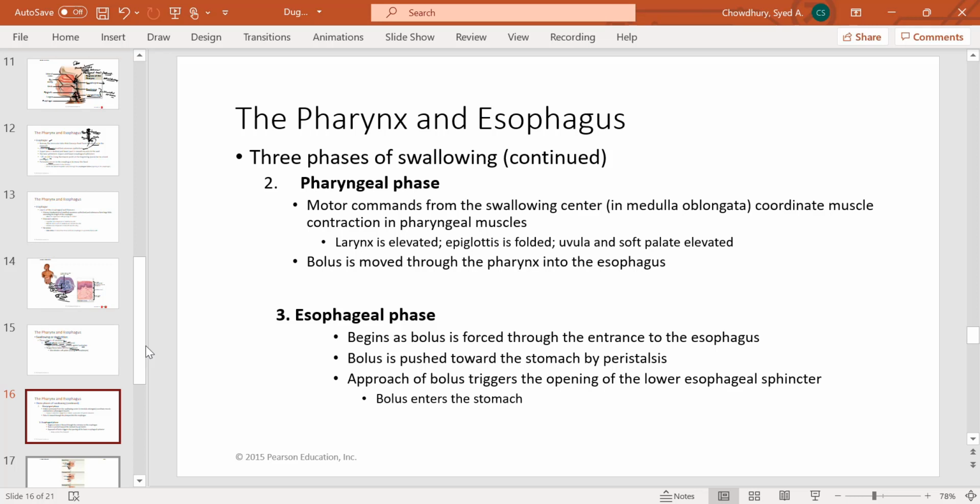Okay, and then next phase is the pharyngeal phase, because the food is now inside the pharynx, right? And once the food bolus enters into the pharynx, then you don't need to do anything.